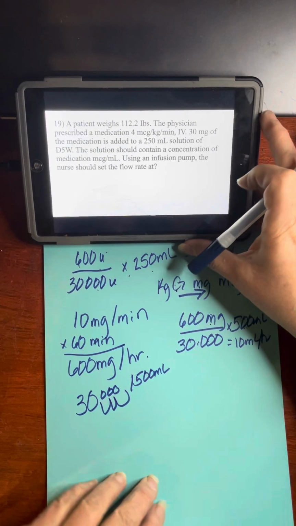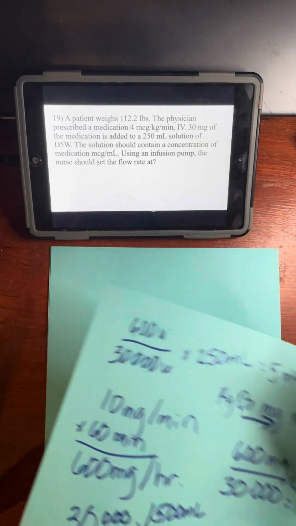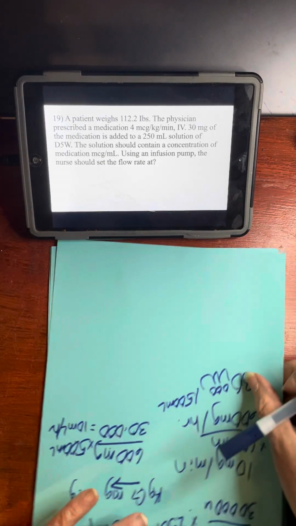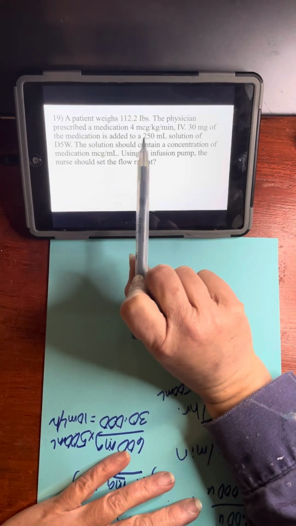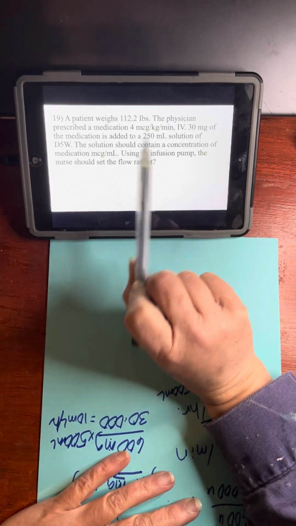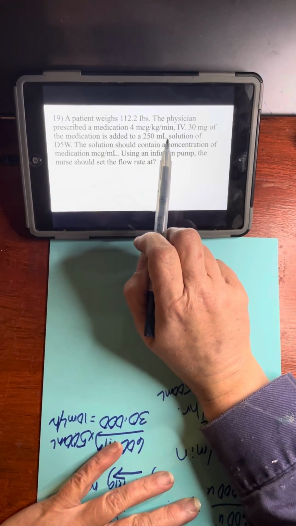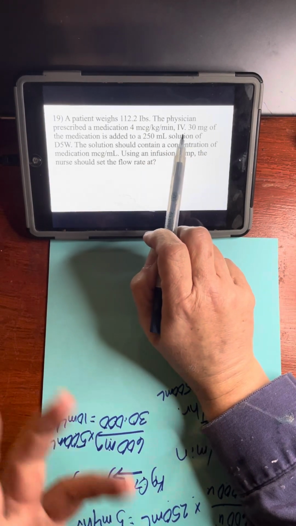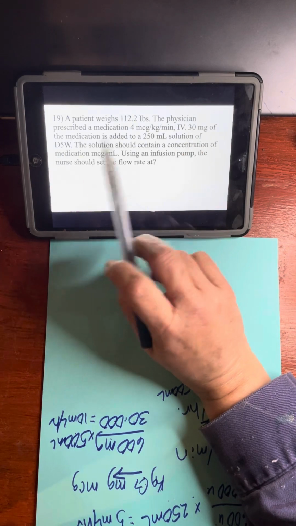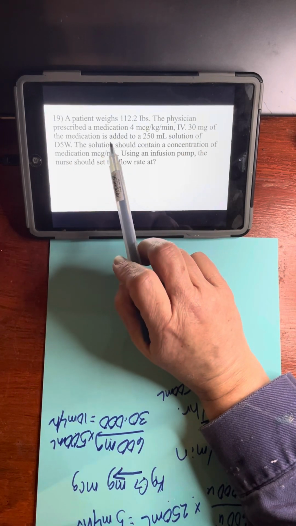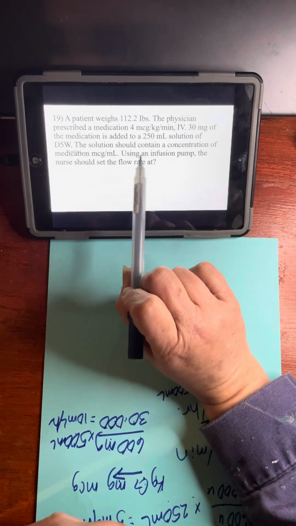A patient weighs 112.2 pounds. And the physician prescribed a medication 4 micrograms per kilogram per minute IV. Per minute. In the IV. 30 milligrams of that medicine is added to 250 milliliters of D5W.